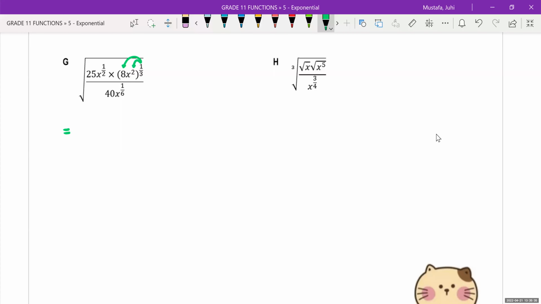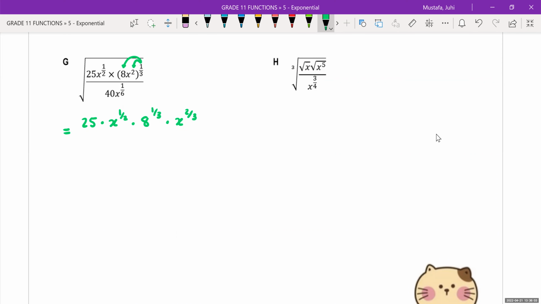Let us rewrite this a little bit. So we have 25 times x to the power of a half times 8 to the power of 1/3 times x to the power of 2/3. I'll pause here just so you can see what I did and ask me questions if you have them.